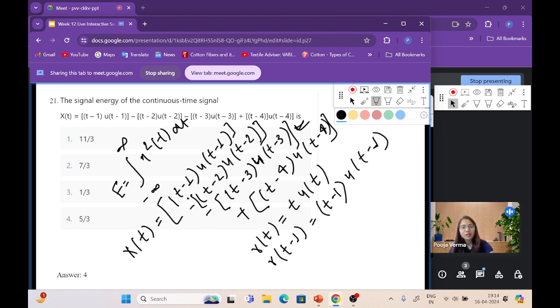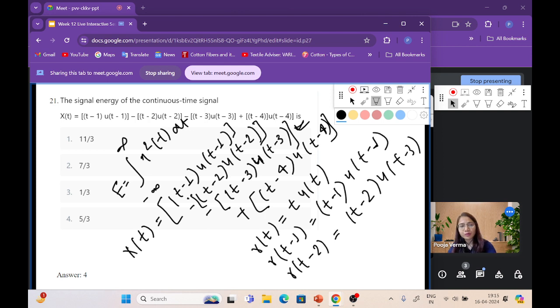We can represent it like this. And how can r(t minus 2) be represented? (t minus 2) u(t minus 2), right? Similarly, we need to represent the rest.